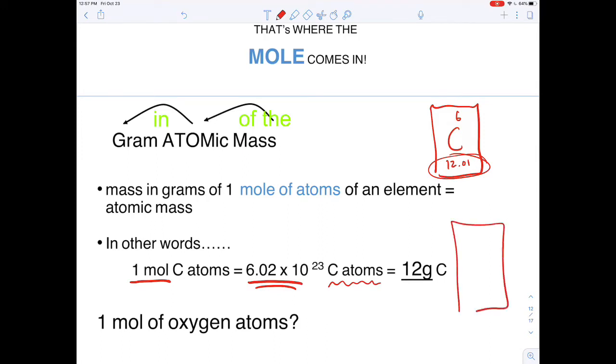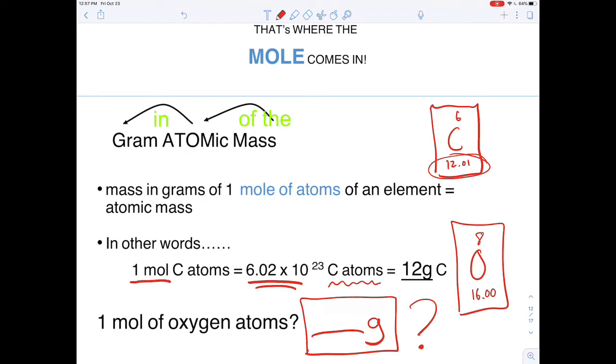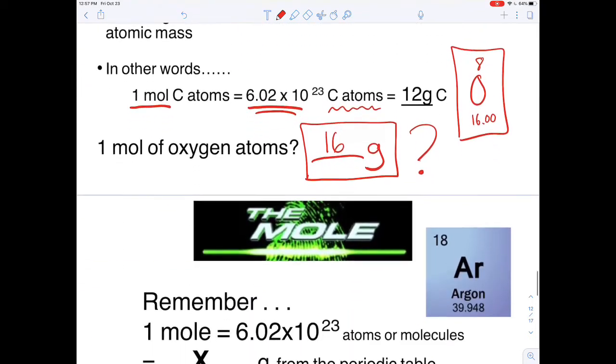So if you find oxygen on your periodic table, what do you think? How many grams is going to be in 1 mole of oxygen? The correct answer is 16 grams.